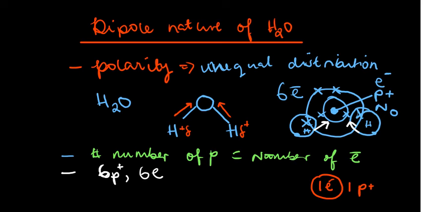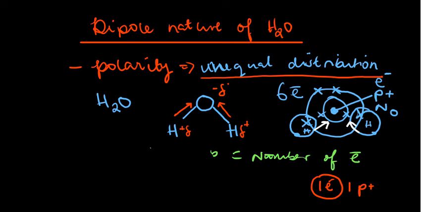Because the oxygen is attracting more electrons to itself, it will have a slight negative charge, like you can see. When they say polarity is an unequal distribution, it means these electrons are not shared equally. Because if they were shared equally, it would mean, let me give an example.